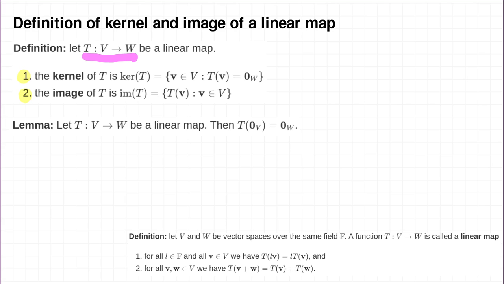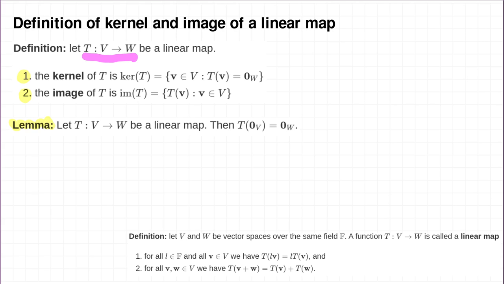So the image of T is simply the set of all things of the form T of v, where v is an element of the domain V of T. We're going to show that both the kernel and the image are subspaces. In fact, the kernel will be a subspace of the domain V, and the image will be a subspace of the codomain W. But in order to do that, I need to prove a lemma, which is written just here.